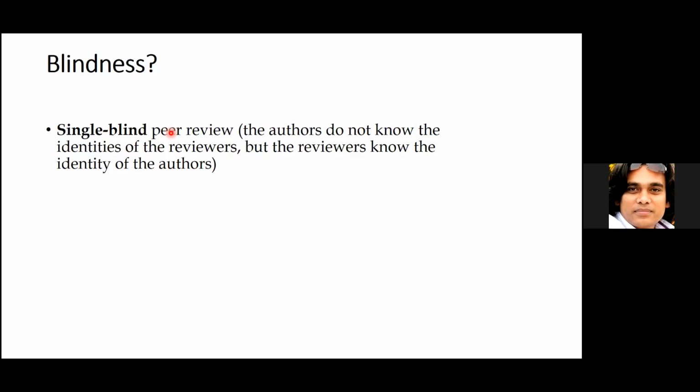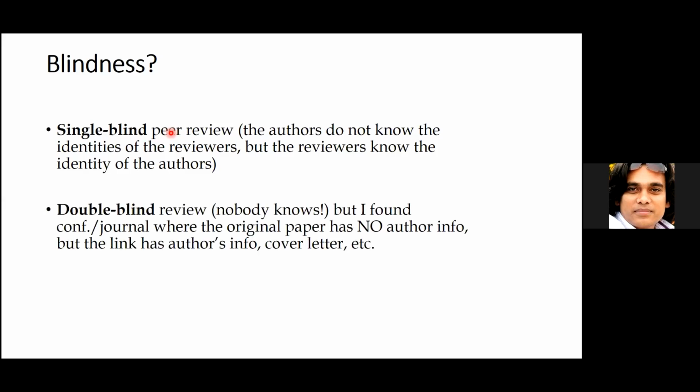So it means reviewers can see who the authors are. But in some conferences, there is no scope to check. So that's why this is one important point. Double blind is that nobody knows who the authors and who the reviewers are.